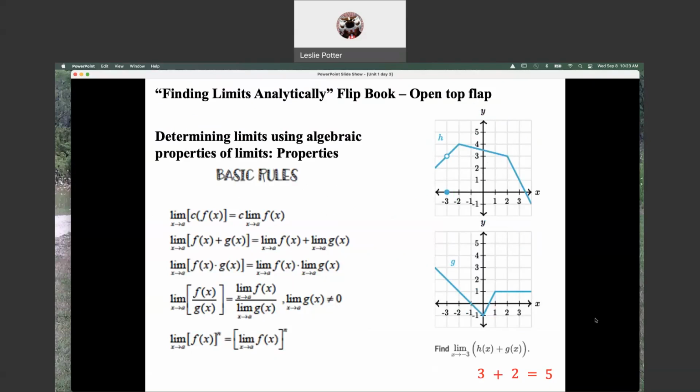We can add, subtract, multiply, divide. Like if I'm taking the limit as we approach -3, the limit of function h is 3, the limit of function g looks to be 2, 3 plus 2 is 5.